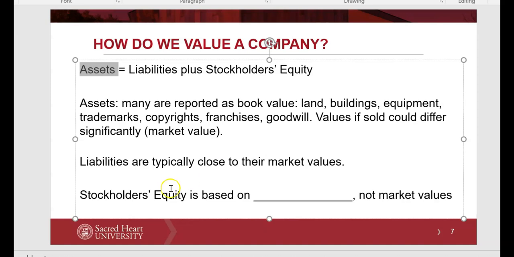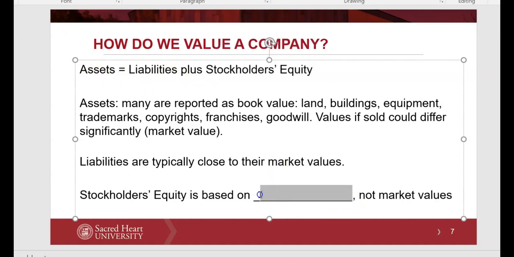So if we sold the building, or sold a copyright, of course we could get way more than is listed on the balance sheet, or perhaps way less, because we're not using fair values or market values to value our assets. Liabilities, the amounts that the company has to pay back, those are typically close to market values. So liabilities are typically close to the market values, assets are not. So what does that leave with stockholders' equity if this is an equation here?